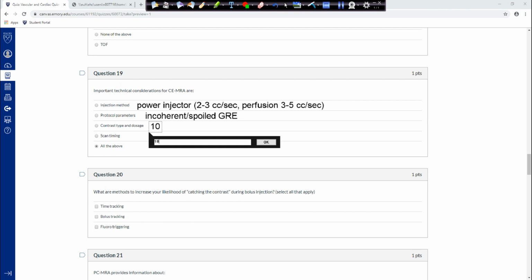Usually 10 pounds equals 1 cc of contrast. And then our scan timing is very fast. Usually we get 1 slice per second.